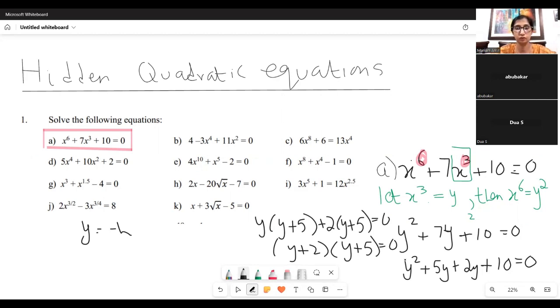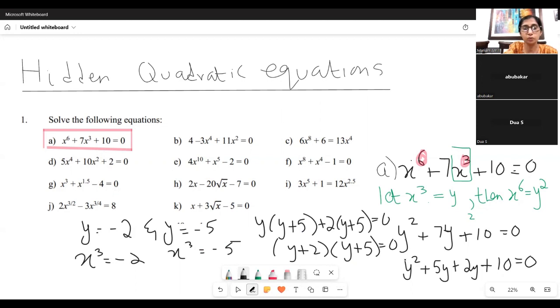Now the question is in terms of x, so our final answer must be in terms of x. So y will be replaced with x cubed now. So x cubed equals minus 2 and x cubed equals minus 5.